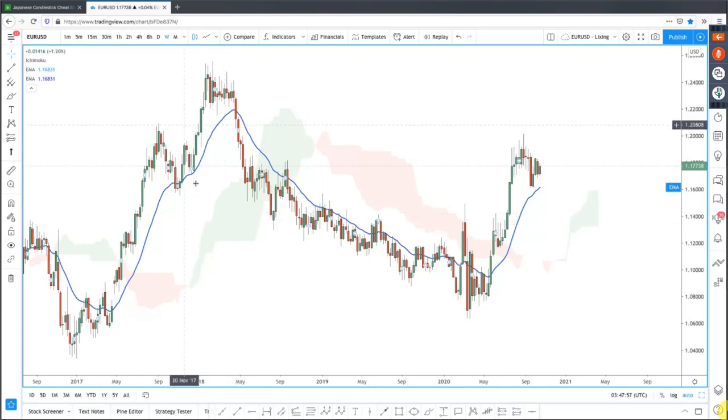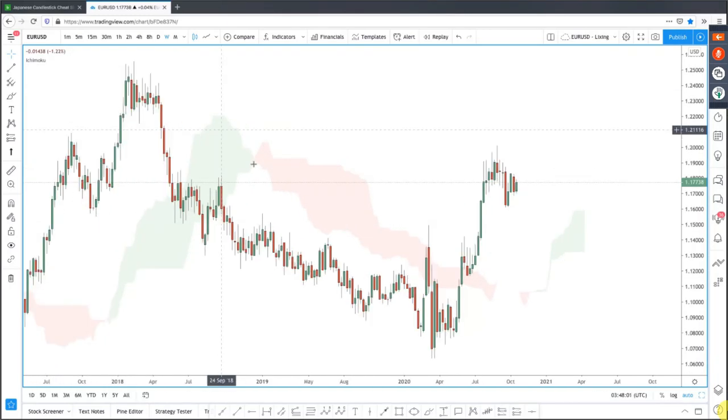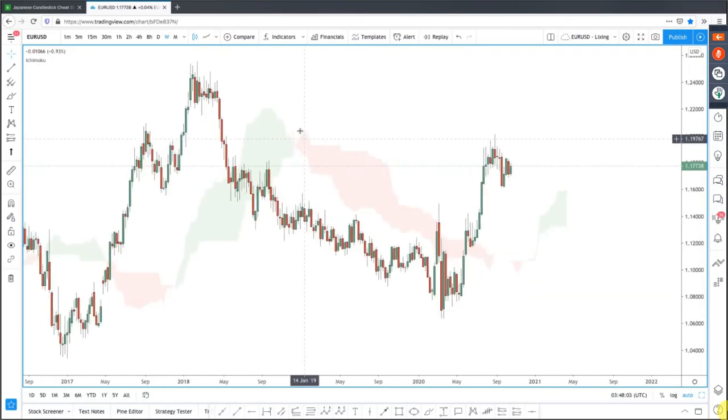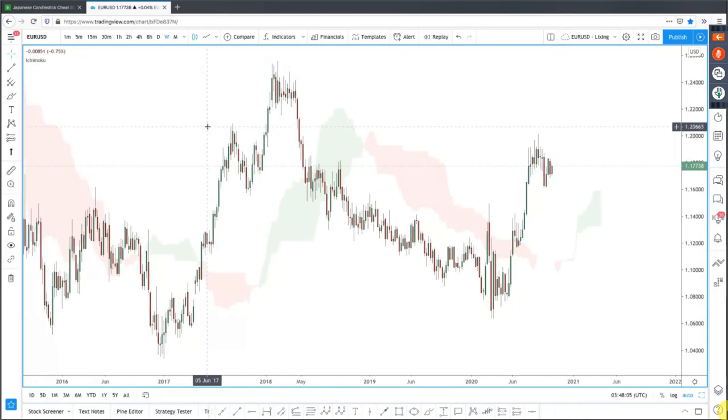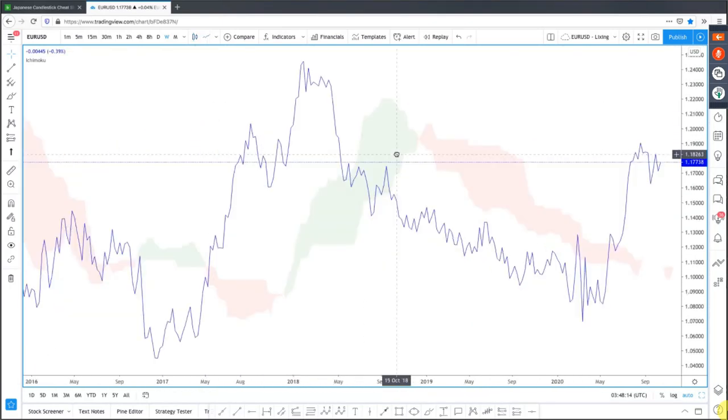Something interesting to share is that when you have, for example, a strong reversal of this level, usually it's accompanied with a double top or double bottom. So I'm just going to show you guys. Let me just switch it to close and see if I can see anything.